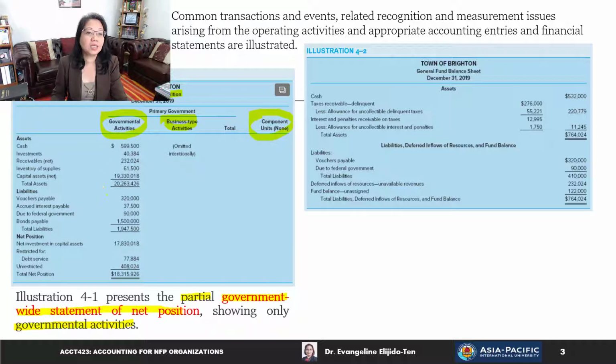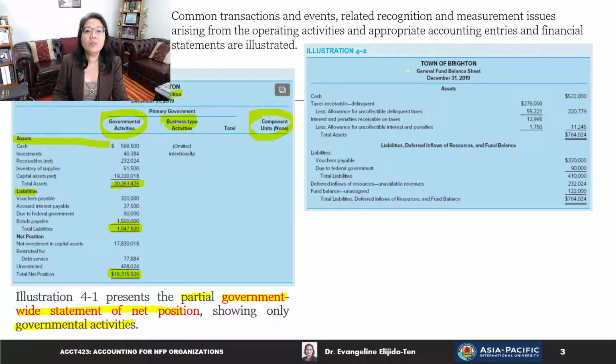As you can see here, it shows that assets minus the liabilities, total assets 20,263,426, minus the liabilities 1,947,500 equals the net position, which is 18,315,926. So the format is assets minus liabilities equals net position.